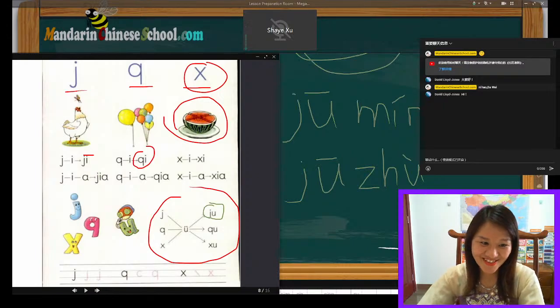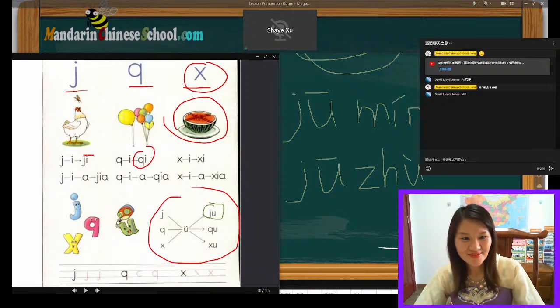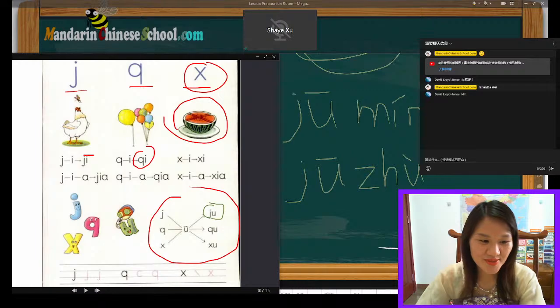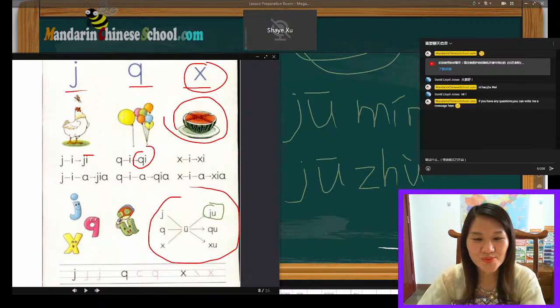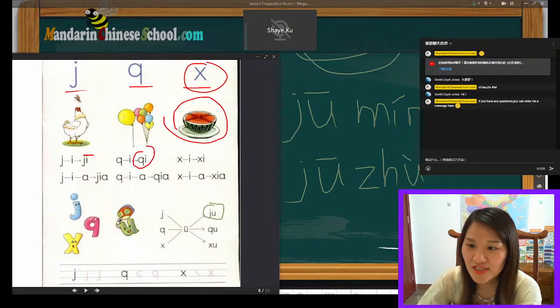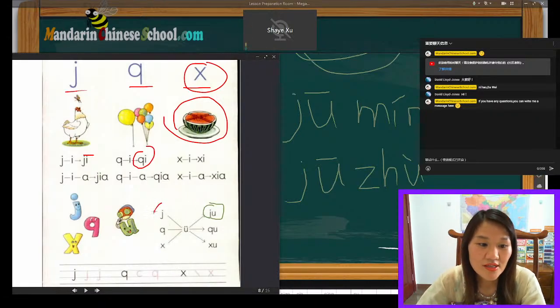Let me know. Okay, this one is 居住。对不起，居住，居住。好，我们再来看下一个。所以在这里呢，you can see the initials J and Q and X.